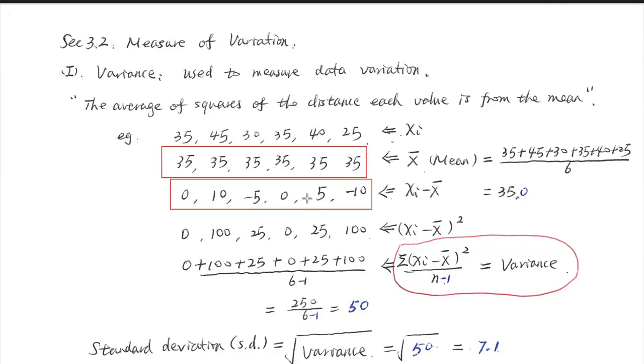So ideally, to measure the average distance, intuitively we would say we should add them together divided by 6. That would be the average distance. But the trouble here is, if you do add them together, what's happening? 5, negative 5, 10, negative 10. Then you add them together, divided by 6, you got a 0. You say the average change is 0.